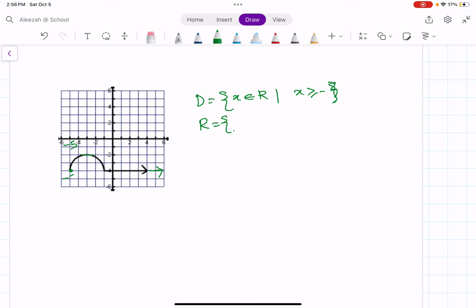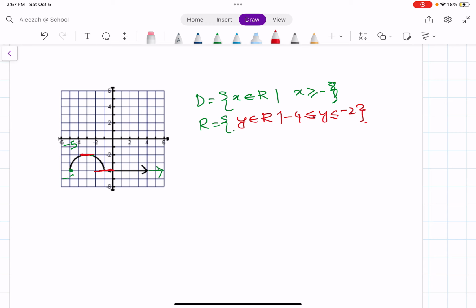The maximum value is negative 2 here, and the minimum value is negative 4, right? So the whole graph lies between negative 2 and negative 4. So y belongs to R such that y is between negative 4 and negative 2. Okay, that's the domain and range.